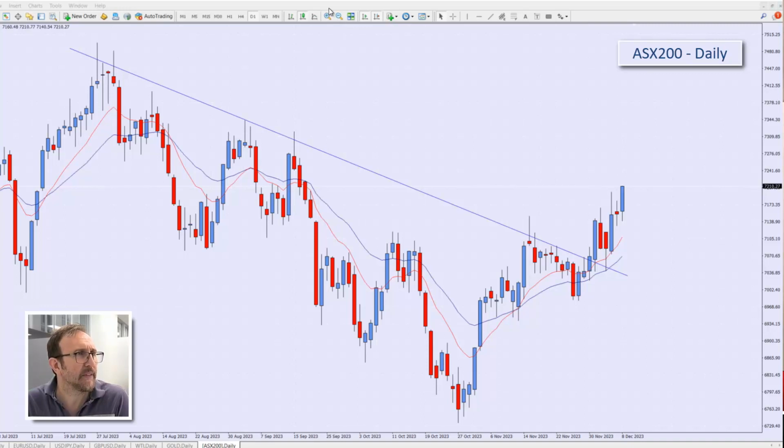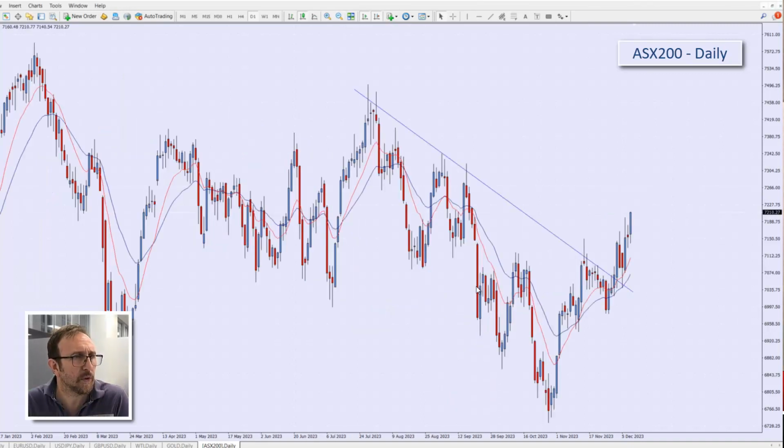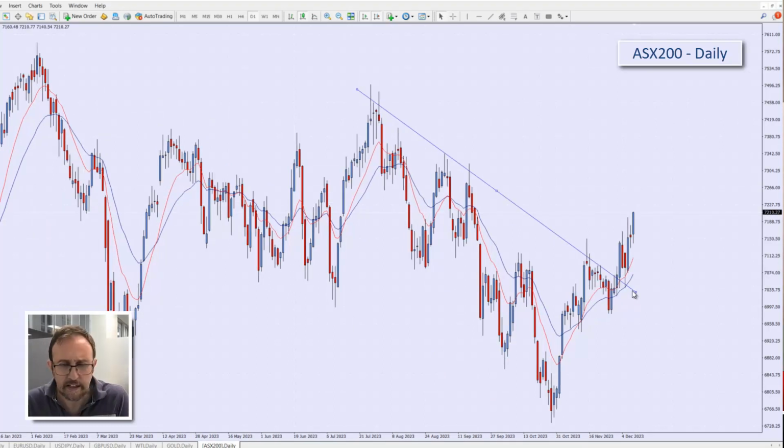So now, let me zoom out again. Moving forward, I can get rid of this line now because it's no good to me. And the next level that I want to mark out is in here somewhere. Okay, and so if we get towards these levels here, I'm interested to have a look. Let me just get rid of this.